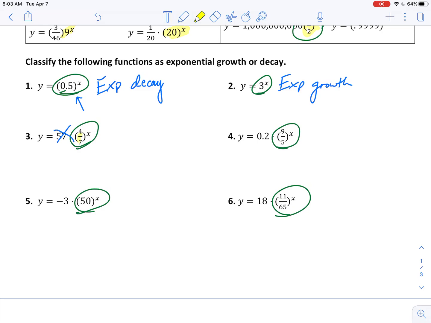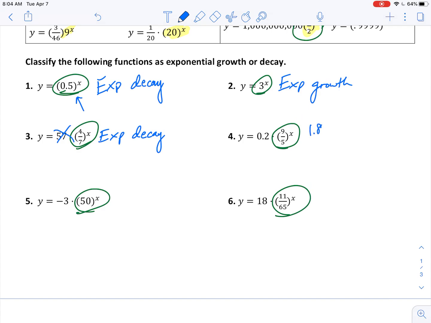Okay, now let's take a look at number 3. Don't worry about 57, that's out front. So what I'm really focused on is the 4/7, because it's the base of my exponent. And 4/7, if you type that into a calculator, is less than 1. My numerator is smaller than the denominator. 4 is smaller than 7.